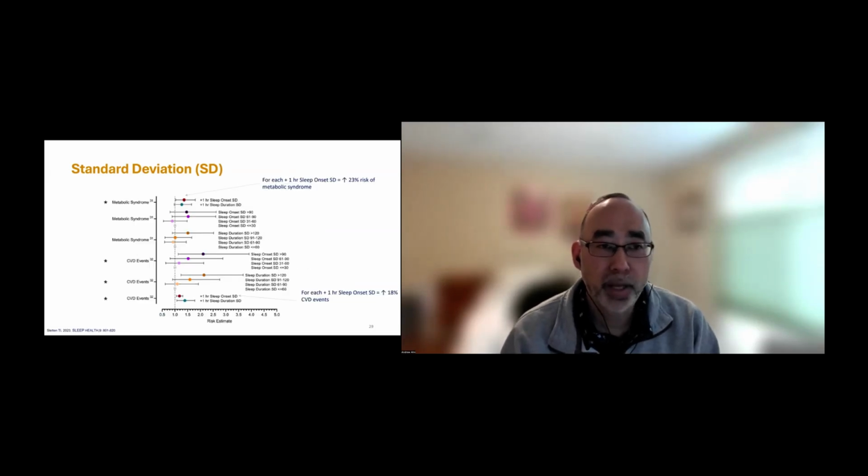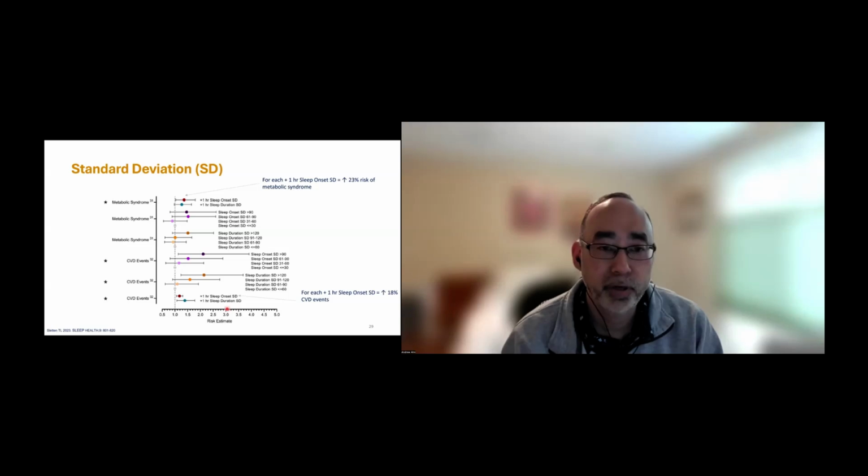So why is standard deviation itself important? As I mentioned, it is probably the oldest sleep regularity measure out there. And as a result, there's a decent amount of literature evaluating the importance of this measure in a number of clinical outcomes. This comes from that NSF consensus statement.